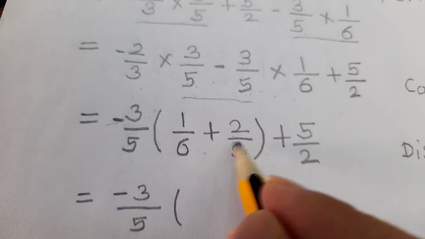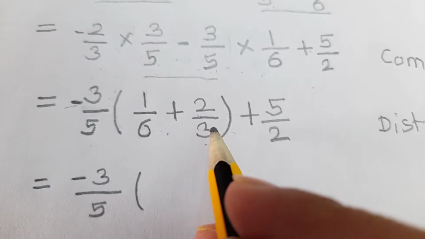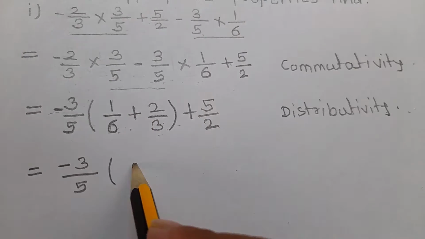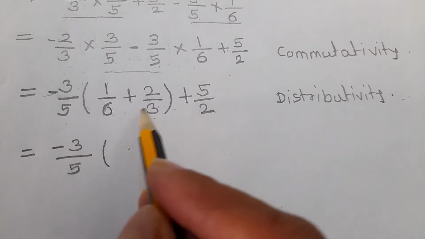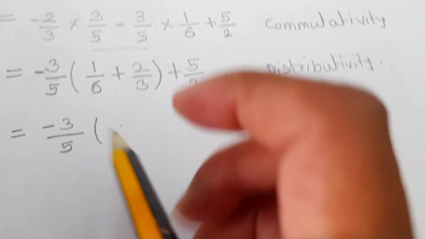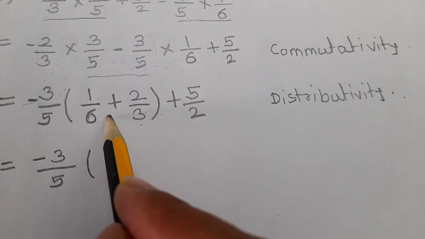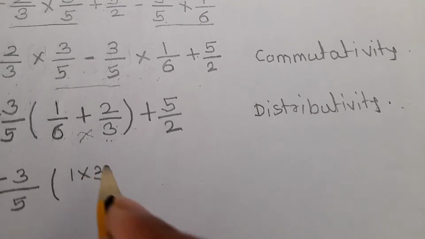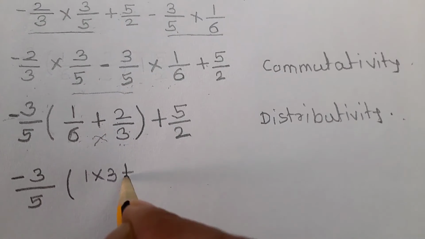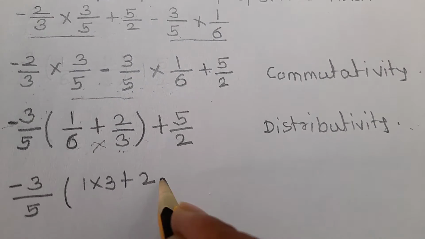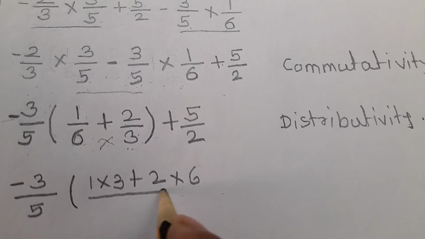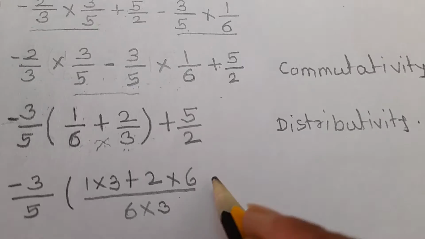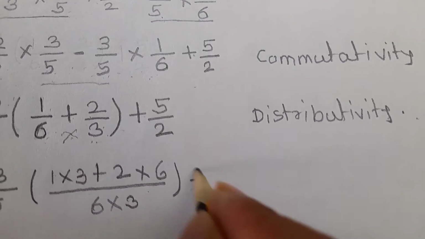We will use the method of cross multiplication for LCM. 1 multiplied by 3, plus sign as it is, plus 2 multiplied by 6, upon, we will multiply both denominators, 6 multiplied by 3. Plus 5 upon 2 as it is.